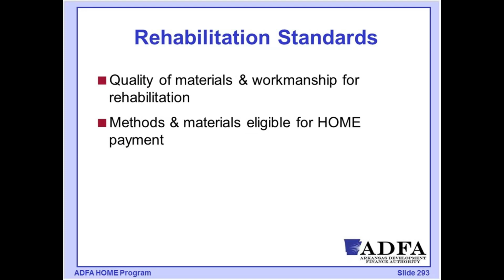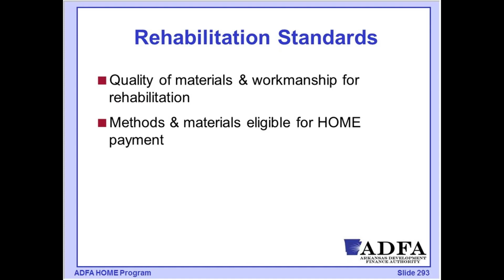The rehabilitation standards also outline quality of materials and workmanship. So it might be, for instance, we might have a standard that we were going to use a 3-tab shingle and a particular weight of underlayment that would be installed. We might specify the kind of installation, so whether that was stapling or nailing.